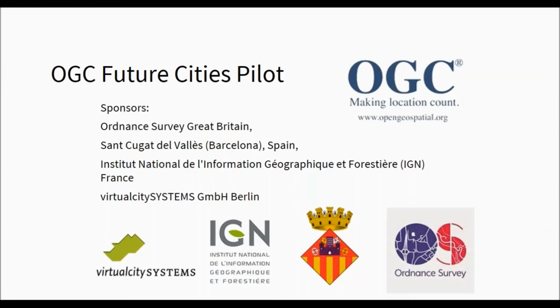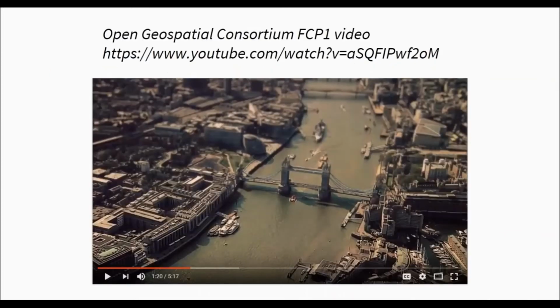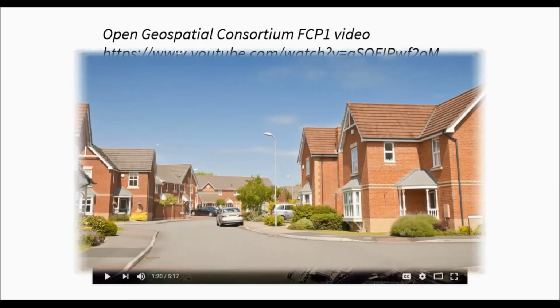And what we try to do in this Future Cities pilot is to demonstrate how geospatial standards on both data and services can be brought together in a future cities or smart cities context to solve real-world problems. And unfortunately, I don't have time to go into this in more detail, but a very nice video was produced, which you can find by just searching for Open Geospatial Consortium FCP1 video. So it's worth having a look at that.